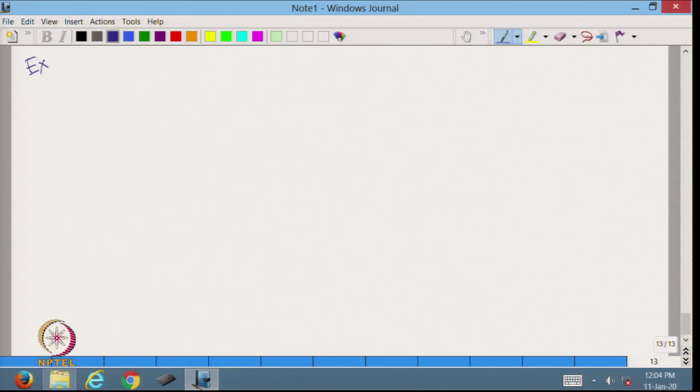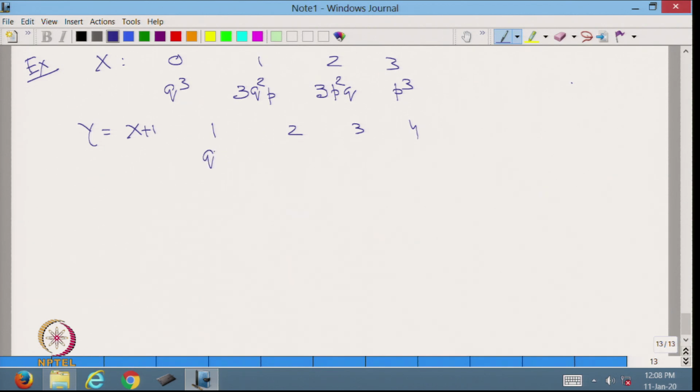Now, I take a very similar example. Suppose x takes the value 0, 1, 2, 3, the same case I am dealing with, with the probabilities q cube, 3 q square p, 3 p square q, p cube, and let y is equal to x plus 1. Therefore, y takes the values 1, 2, 3, 4 with the probabilities q cube, 3 q square p, 3 p square q, p cube.